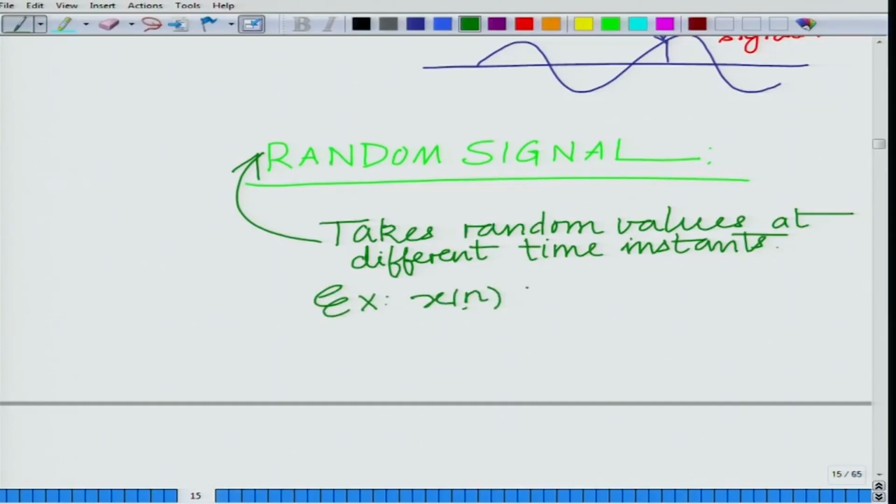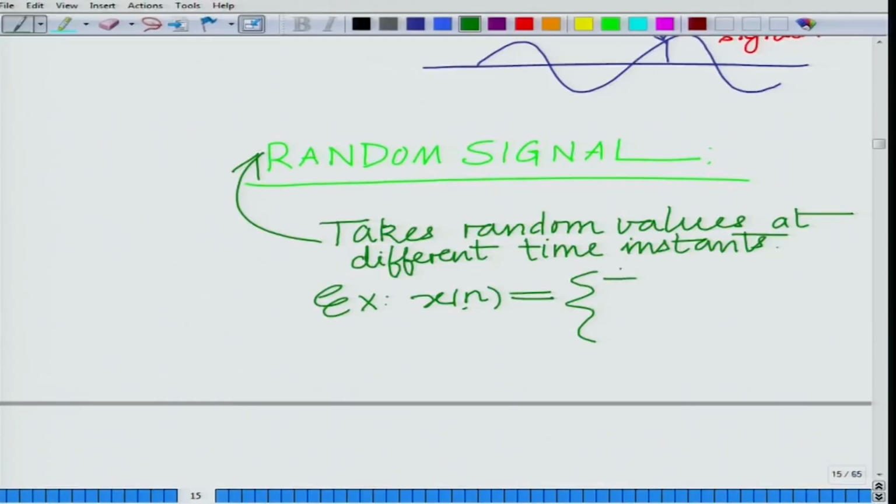x of n. Let us say you are signaling the outcome of a coin toss experiment. If the outcome is heads, it is signaled by +1. If the outcome is tails, it is signaled by a -1.